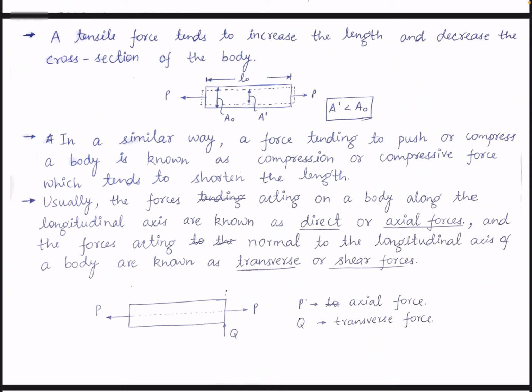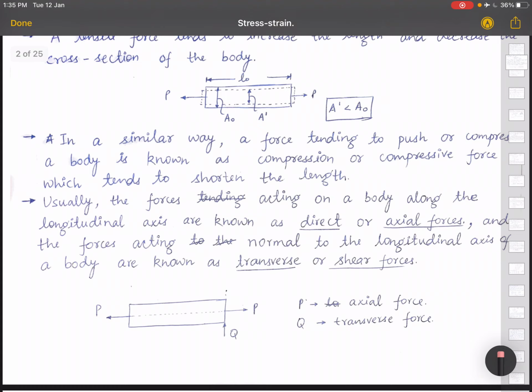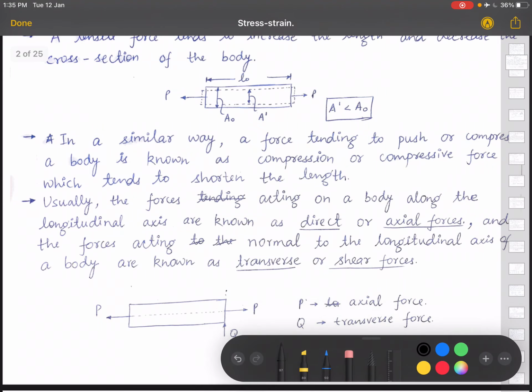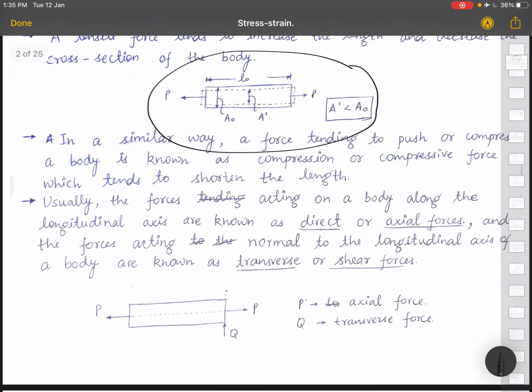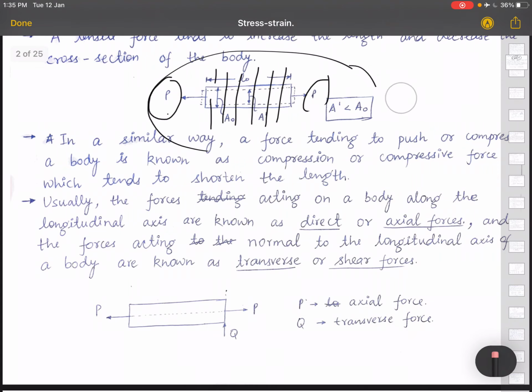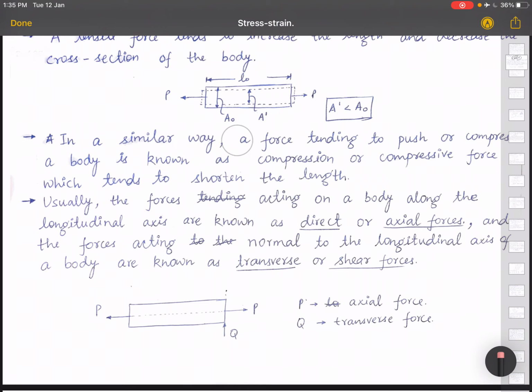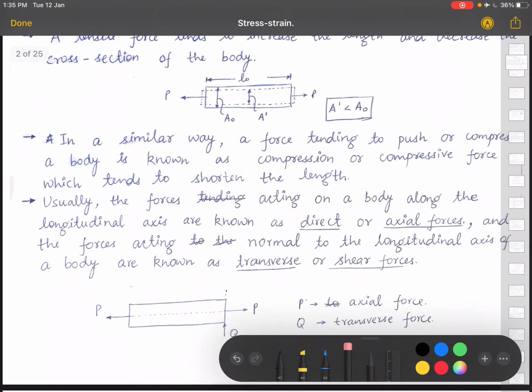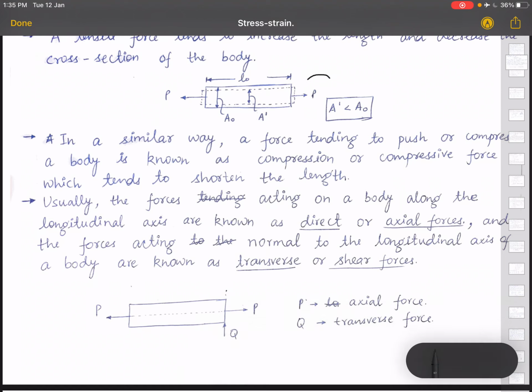Now a tensile force tends to increase the length and decrease the cross section of the body. You can see here that this is the body and this load is a tensile load, because due to this load any fiber, if you check, will be in tension. Okay, so it will extend the length.